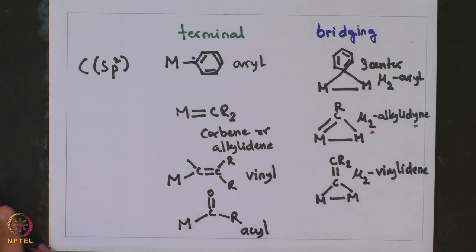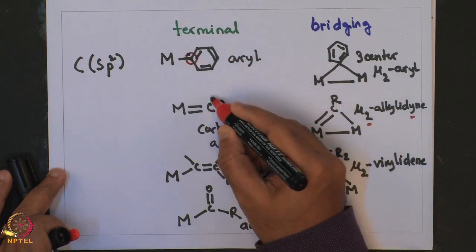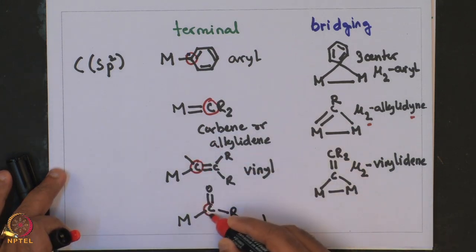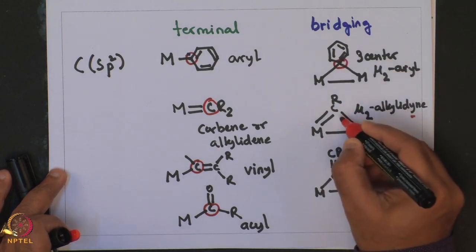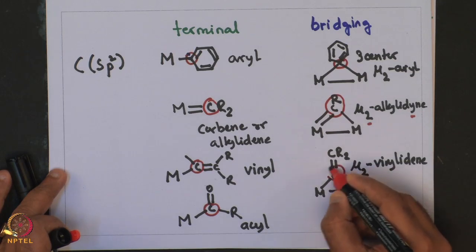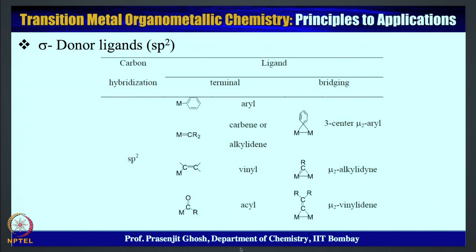So, what we see is that sp2 centers of various organic moieties, as shown over here as well as over here, bind to the metal center in two types, mainly bridging as well as terminal.